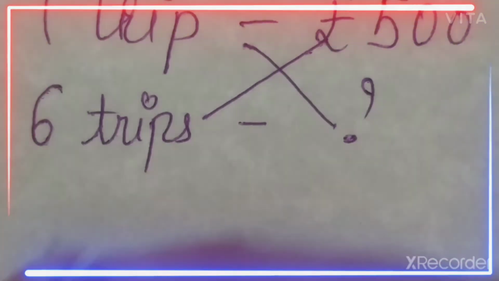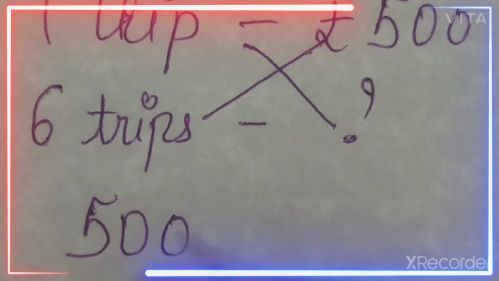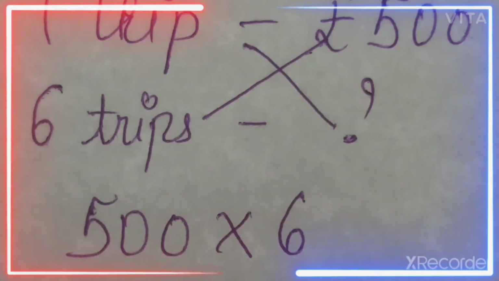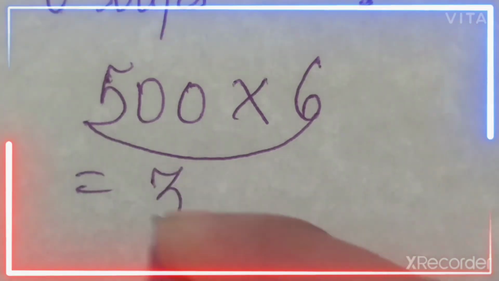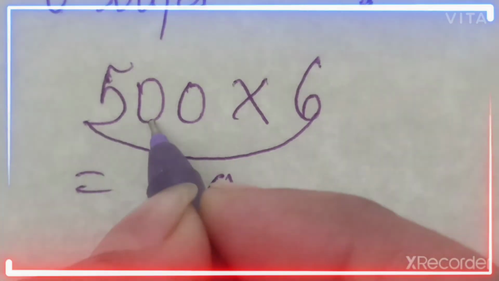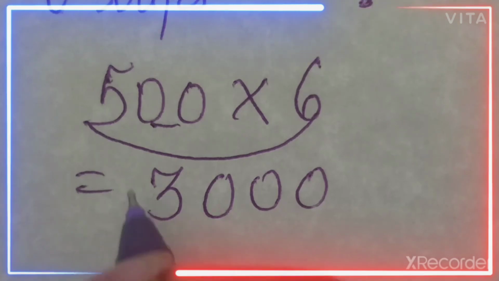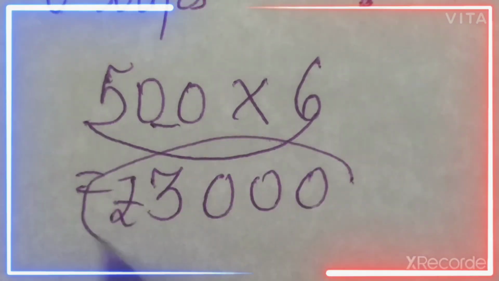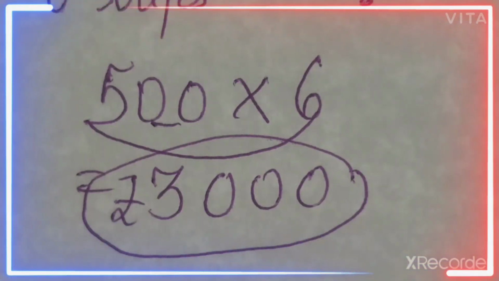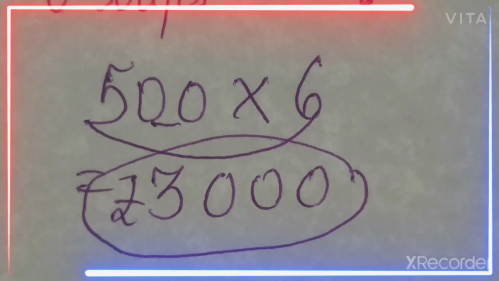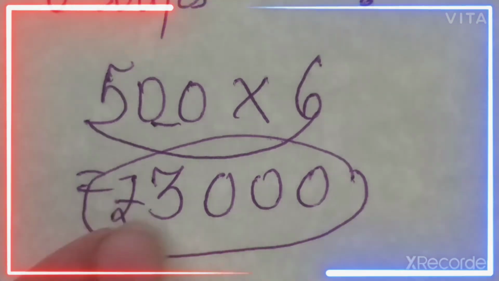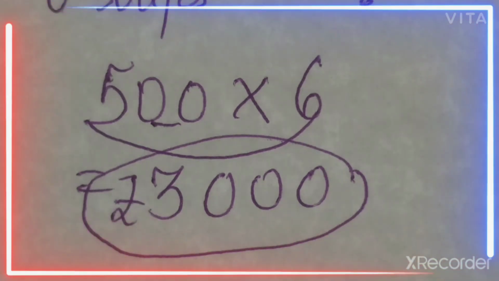Let's do cross multiplication here. So 500 into 6. What will be the answer? 5 into 6, 30. So write 30 and then add 0 0. So the trips will cost 3000 rupees. Means Manpreet has to pay the driver 3000 rupees, and this is your sum.